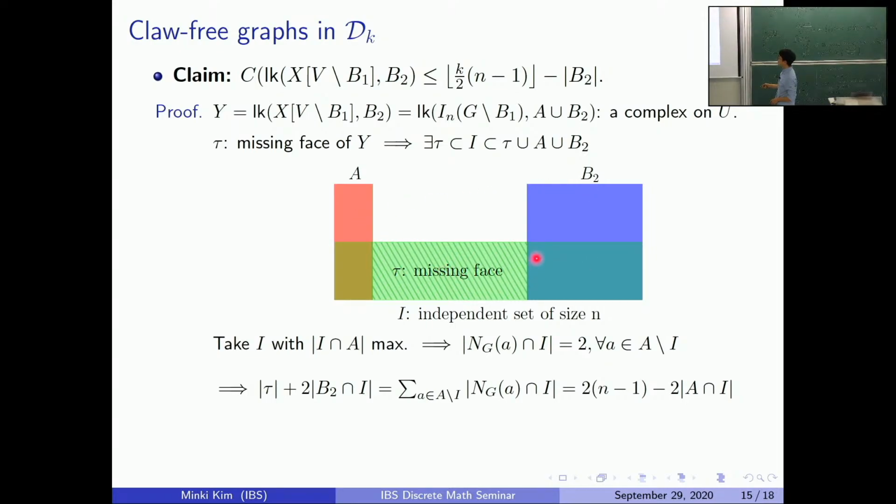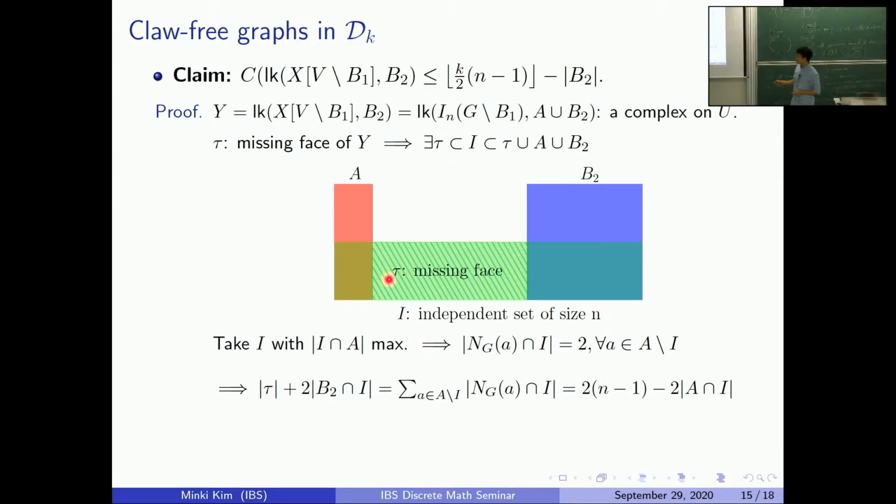Remember, B2 is a subset of B, where B is the set of vertices that have two neighbors in A. So we will have 2 times the size of B2 intersect I. All vertices in this intersection have two neighbors in A, but they cannot be in this part, so they will have neighbors in this red part.